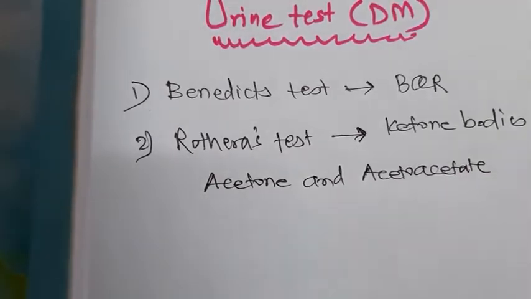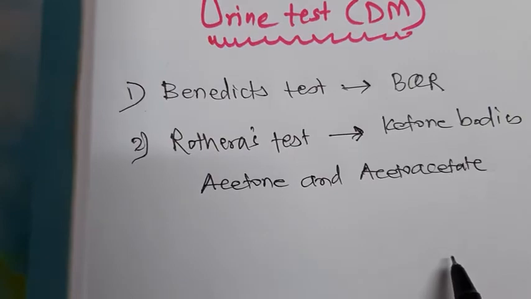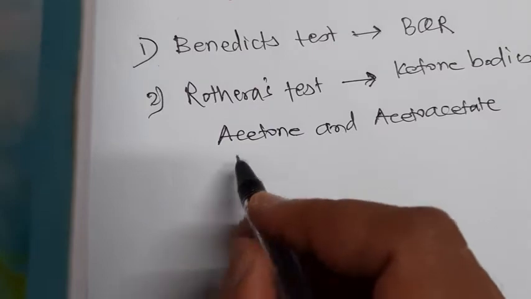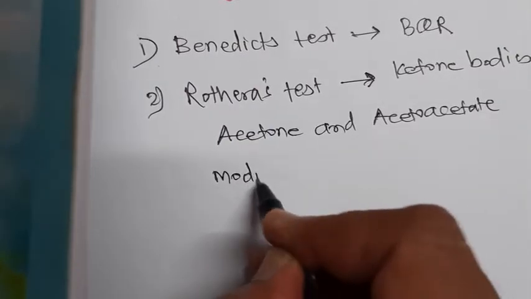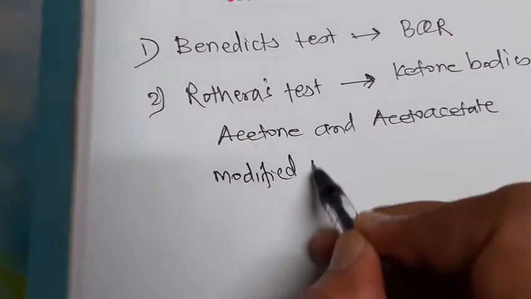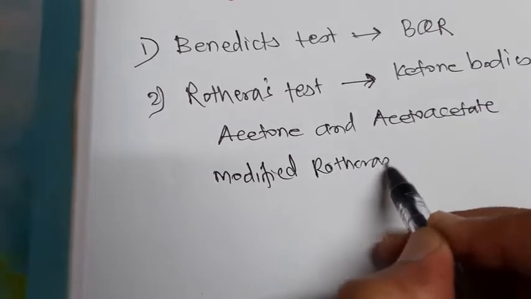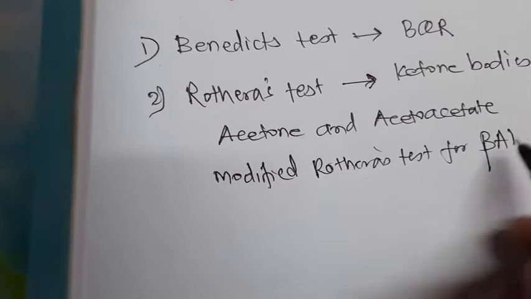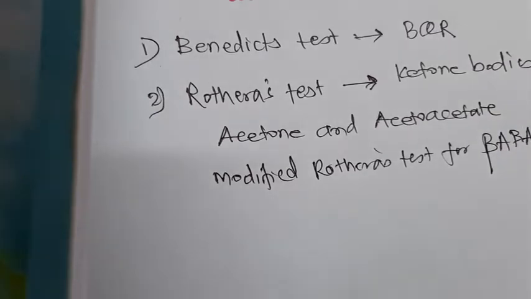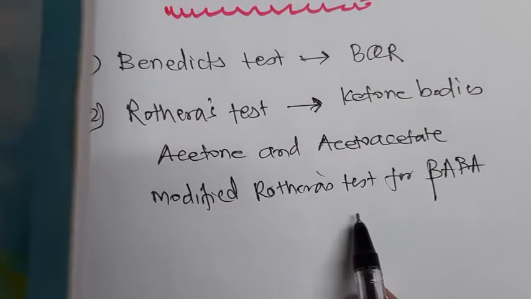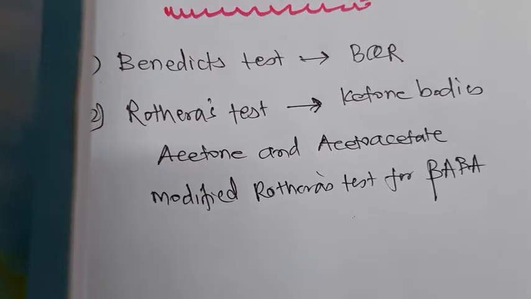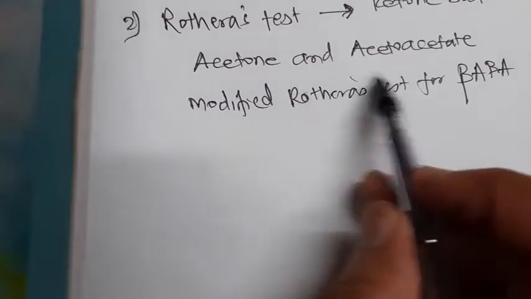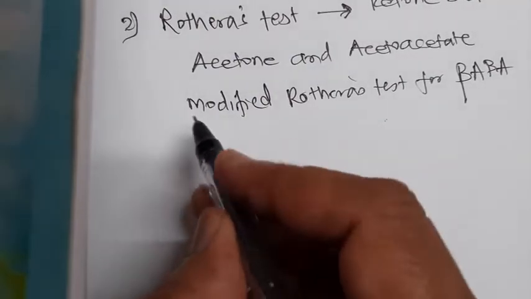These are the true ketone bodies, and they can be tested by the Rothera test, while for beta hydroxybutyric acid, a modified Rothera test is used. We have seen the metabolism of ketone bodies, how they are utilized and how they are excreted.